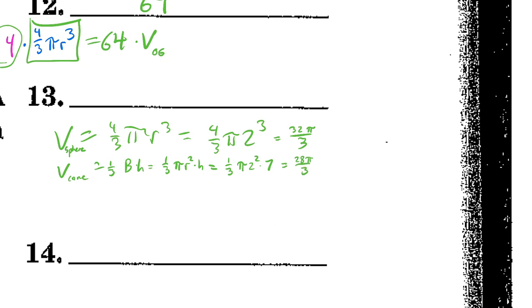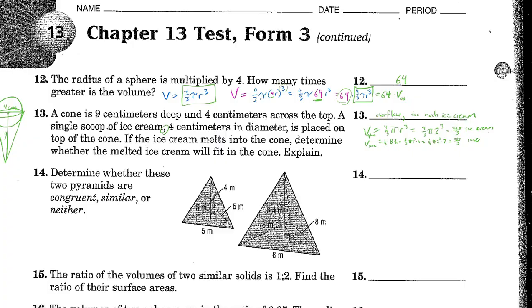Ha, what's going to happen? It's going to overflow, right? So too much ice cream. Okay, and that's because here's the ice cream and here's the cone. Oh, so sad.